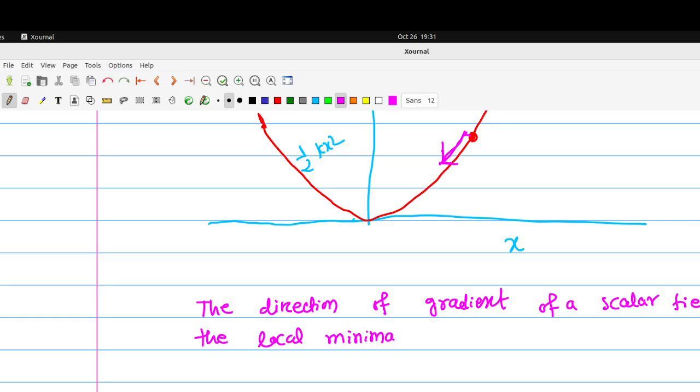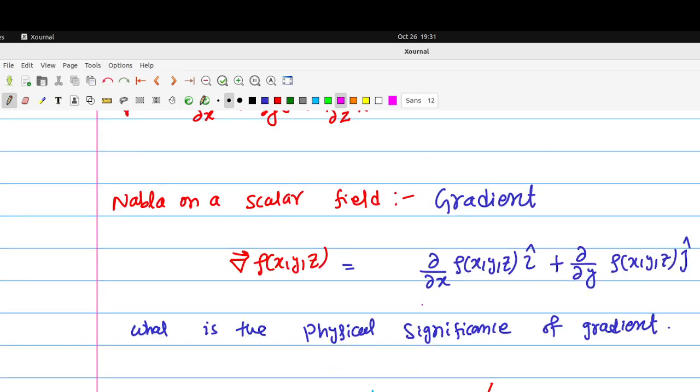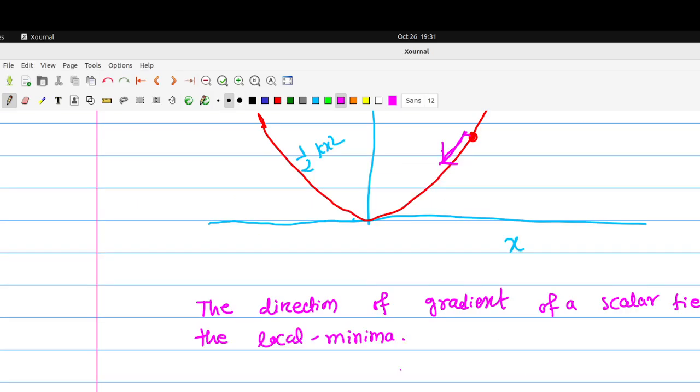So gradient will tend to the local minima always. That's the gradient. That's all about gradient. You just have to understand the definition of gradient is this much and what is the physical significance.